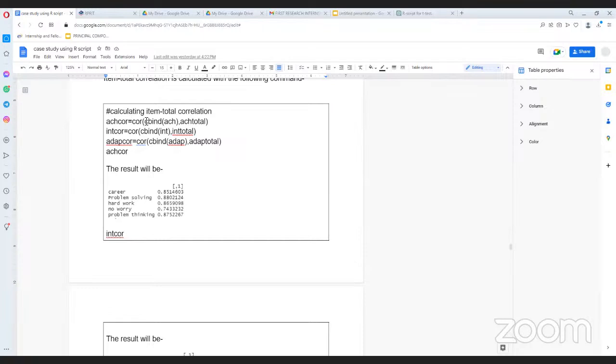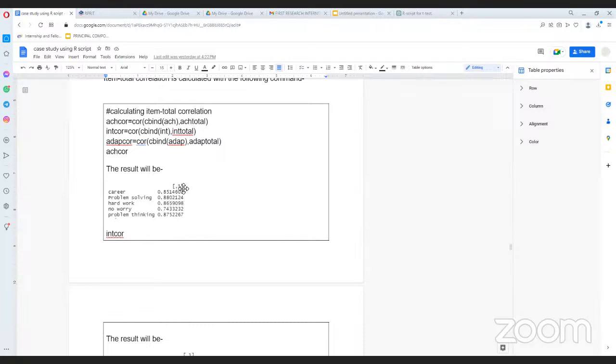So cor, then cbind, then ACH. ACH means achievement motivation related 5 items. And cbind means all the items, column-wise. So column-wise, all the items will be correlated with the total score.